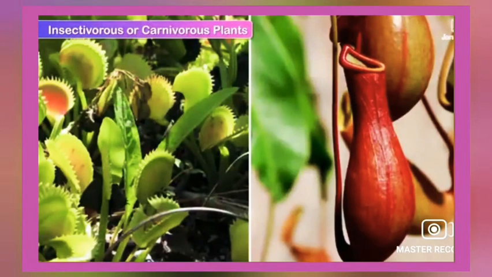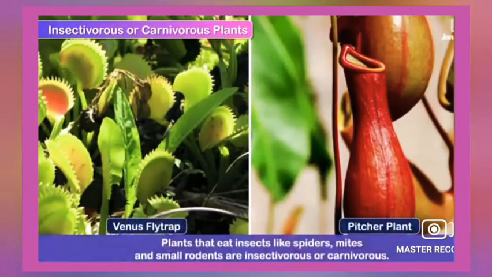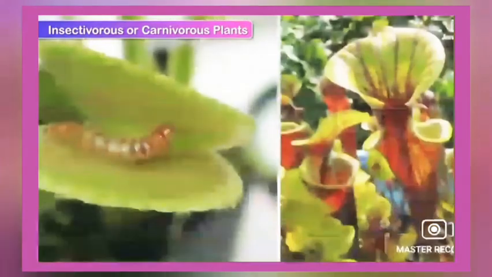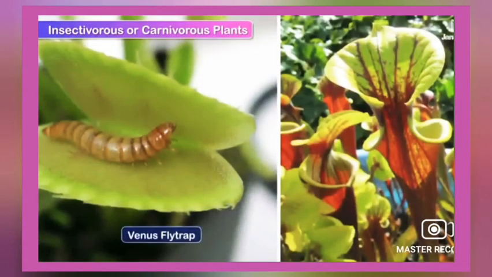Insectivorous or carnivorous plants. Plants that eat insects like spiders, mites, and small rodents are insectivorous or carnivorous. They have certain special features that help them trap the prey. The Venus flytrap and the pitcher plant are insectivorous plants.